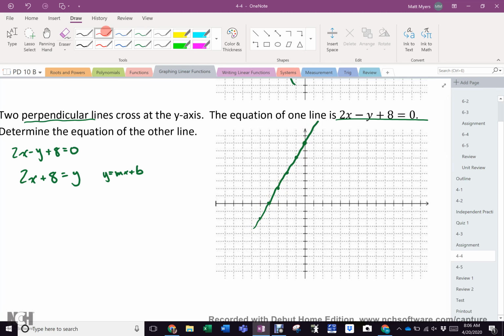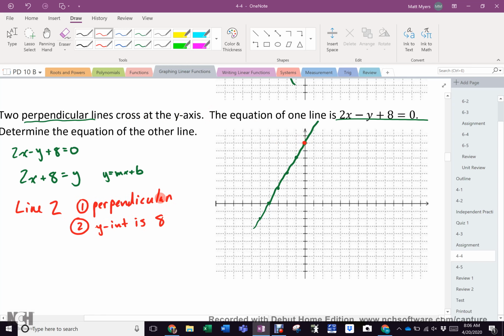Now, what do I know about line 2? I know 2 things about it. 1, it's perpendicular. And 2, they cross at the y-axis. So they're going to cross right there. So I know its y-intercept is 8.